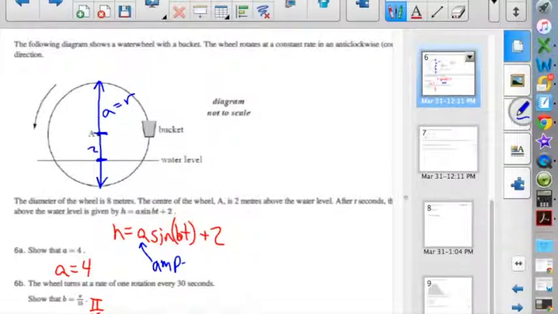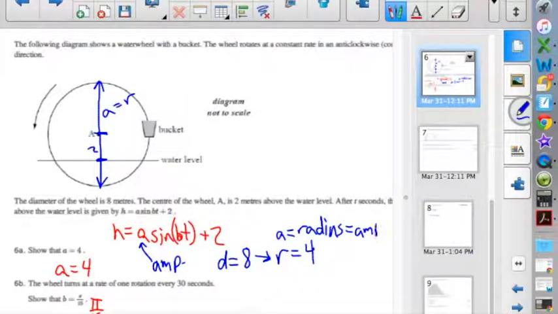So the radius, if the diameter is 8, since this is a show one, I would show as much as possible. The diameter is 8 means that the radius is 4, and I would just say that A equals the radius, which is the amplitude.